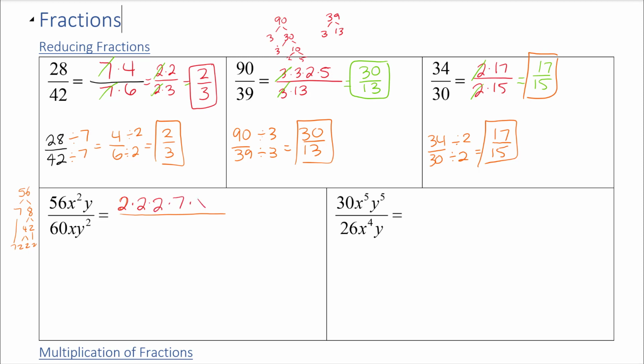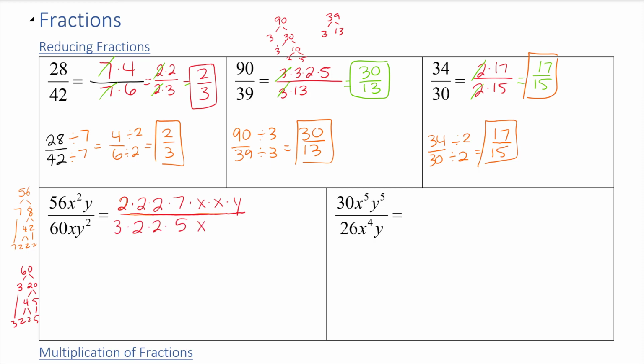Then I have x squared, which is x times x, and then y. Now if I want to do the bottom, 60 can break down into, I don't know, how about 3 and 20, 4 and 5. So the bottom I have 3, a 2, a 2, and a 5.